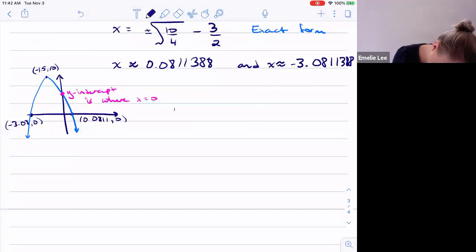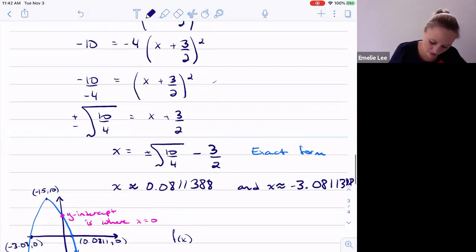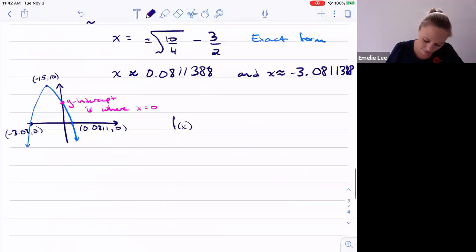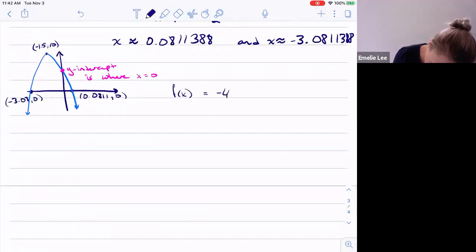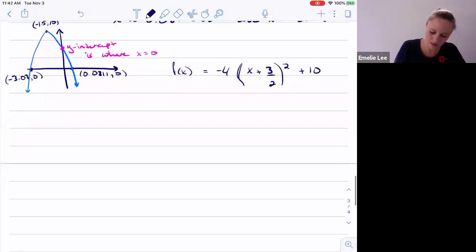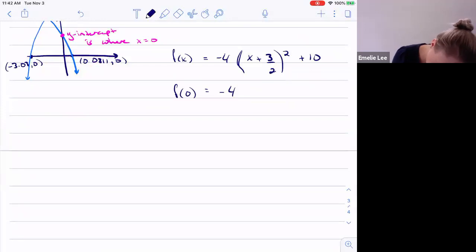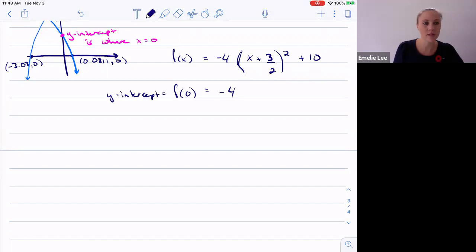Again, we're going to have f of x, and I'm going to use the standard form because we worked hard to find it: negative 4 times x plus 3 over 2 squared plus 10. So f of 0, the y-intercept, is f of 0.